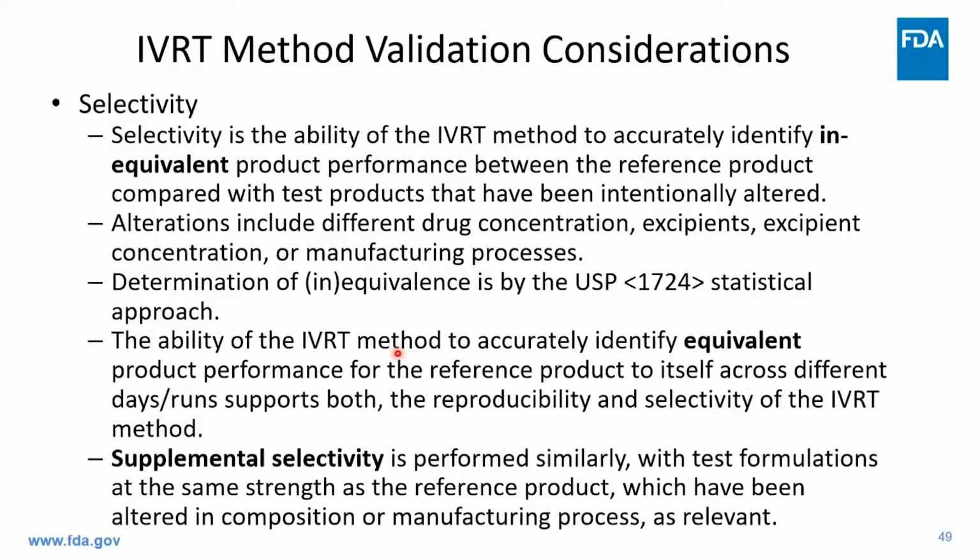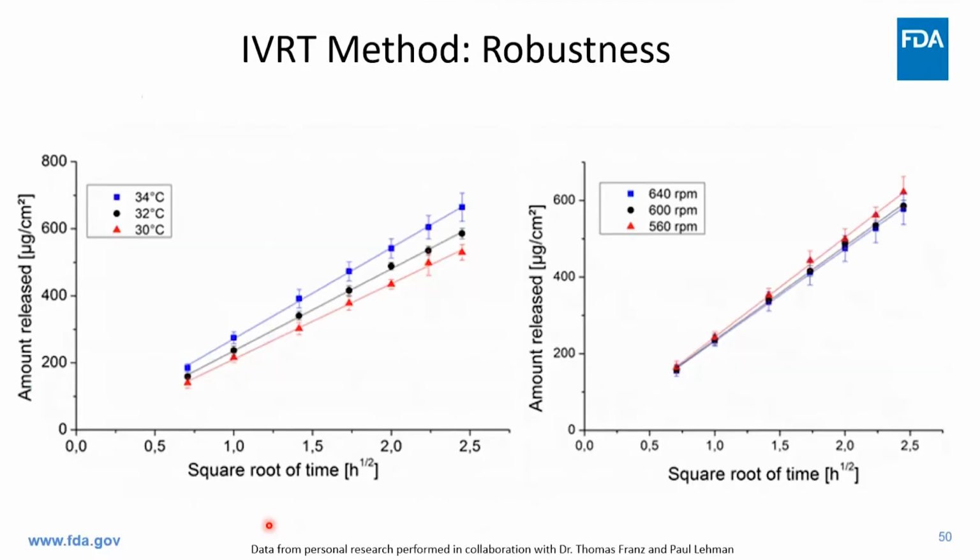So this is why you also want to show that your reproducibility runs are found to be equivalent to each other. And then supplemental selectivity is performed similarly with test formulations at the same strength as the reference product. And so the way that this is done and what you do to alter them can depend a little bit upon the purpose of the study.